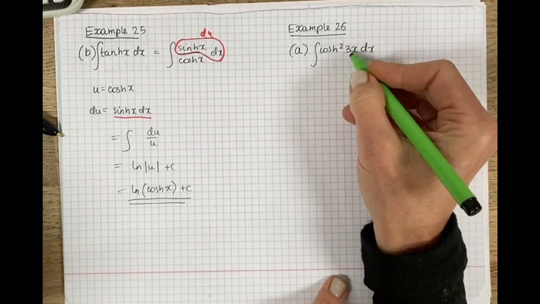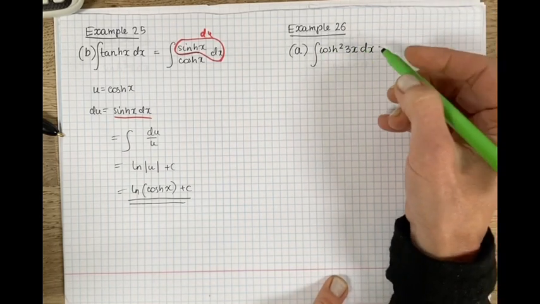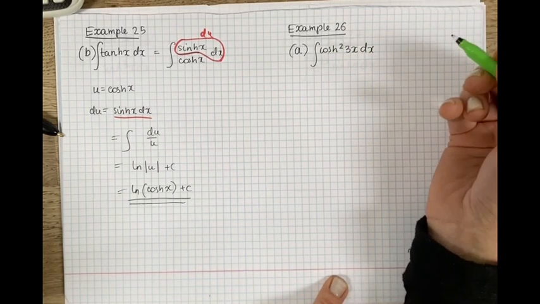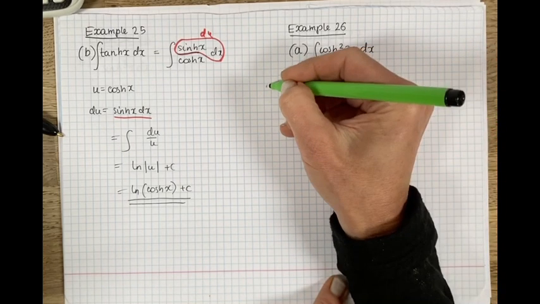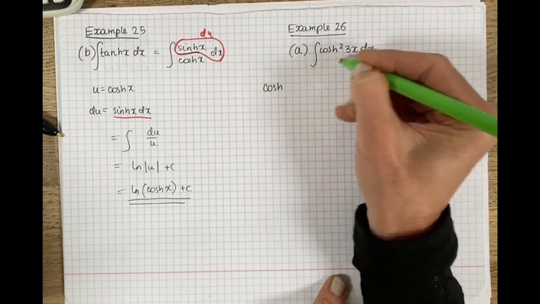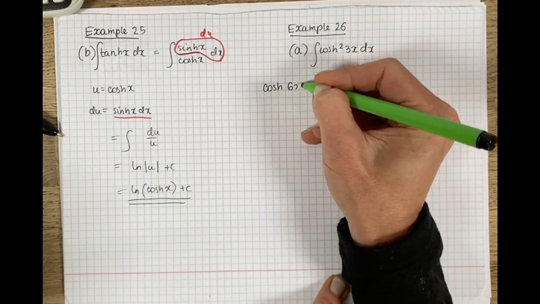So here, cosh squared 3x. Again, think, what would you do if it was trig function cos squared 3x? Well, you would go to a double angle formula. So we are going to find cosh double that angle, so 2 lots of 3x, which is 6x.